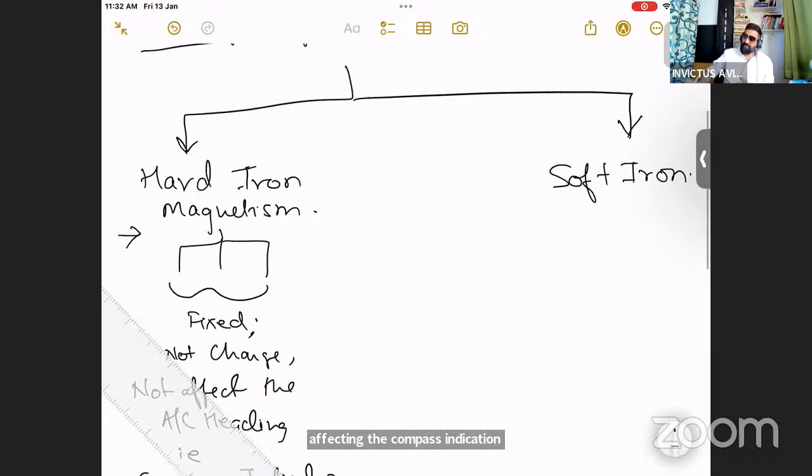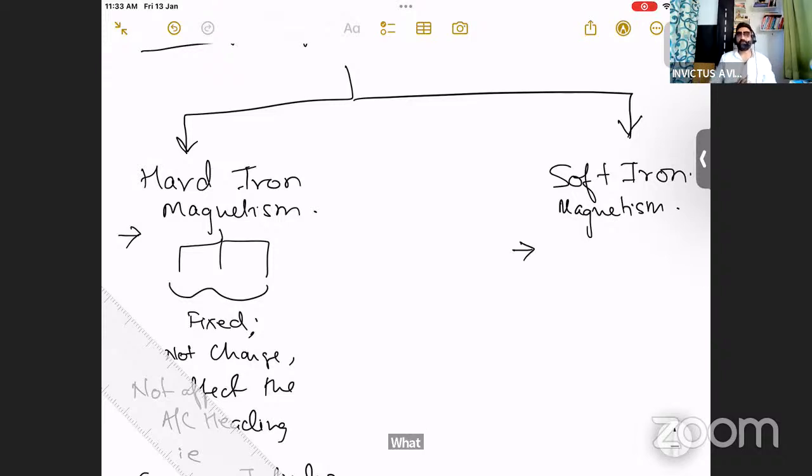Of whatever we have of major concern here in aircraft magnetism is soft iron magnetism. What induces the soft iron magnetism in the aircraft?